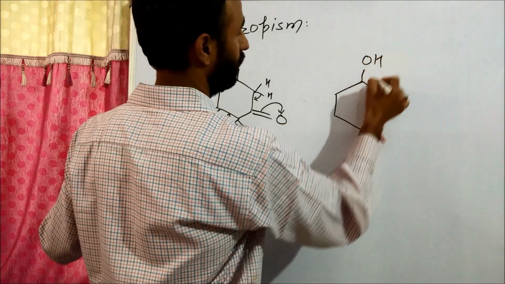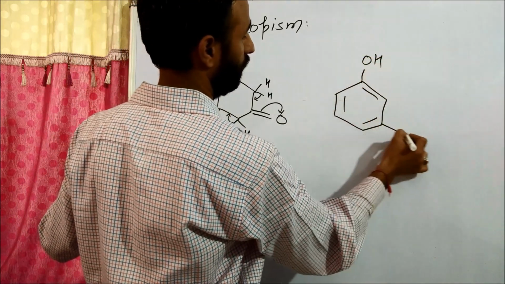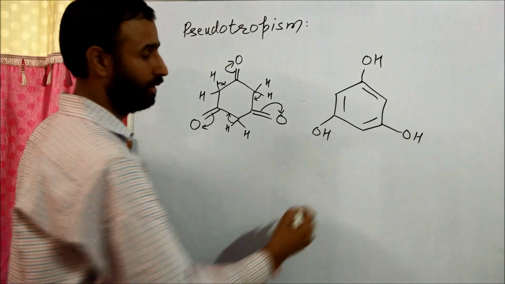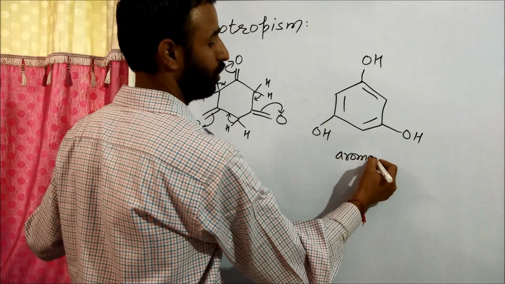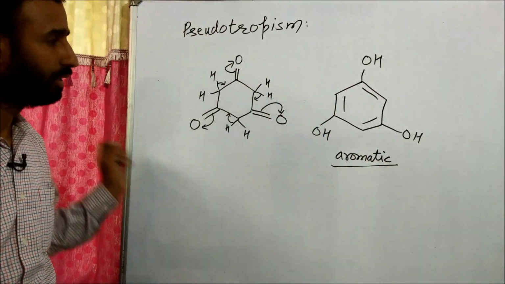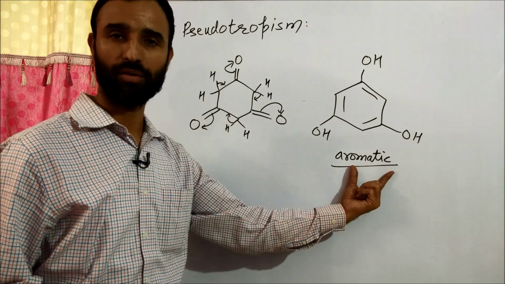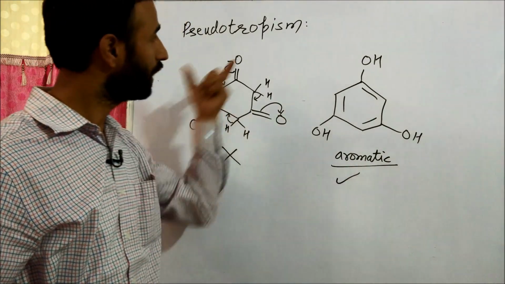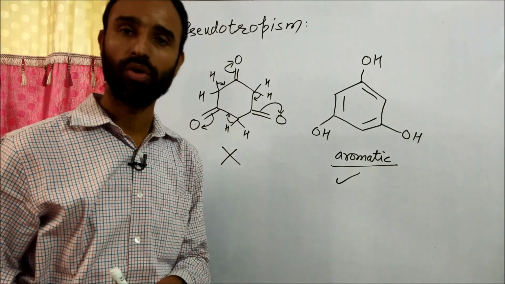So we get this compound. This is aromatic, so it always exists in aromatic form. This does not exist. Again, the case of pseudo tropism.